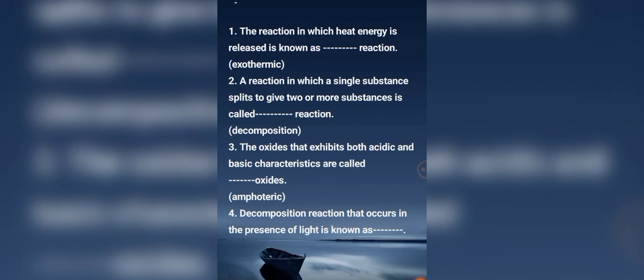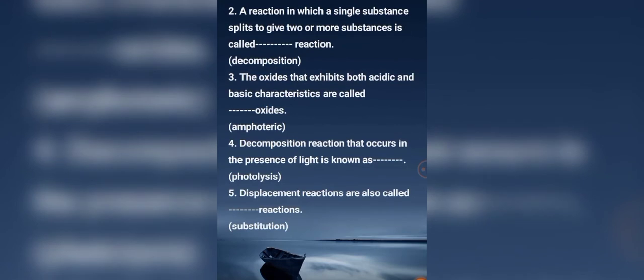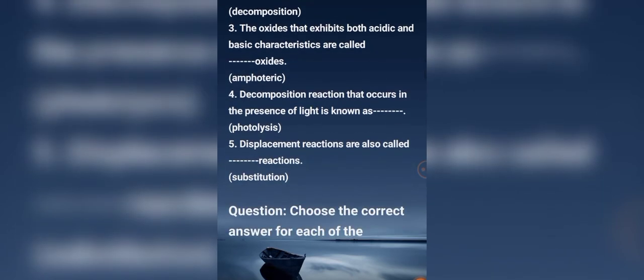The oxides that exhibit both acidic and basic characteristics are called dash oxide: amphoteric oxide. 4. Decomposition reaction that occurs in the presence of light is known as photolysis. Next, displacement reactions are also called dash reaction: substitution reaction.